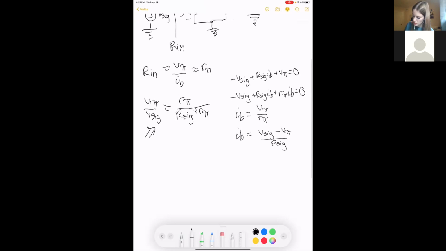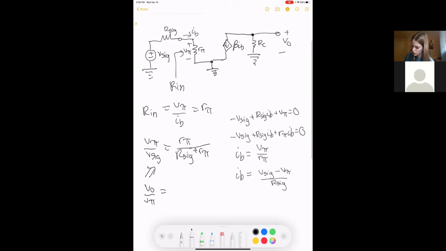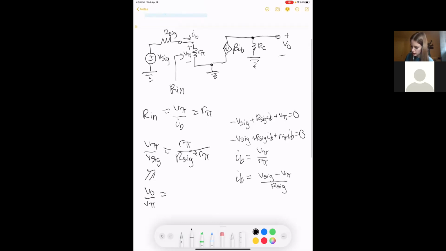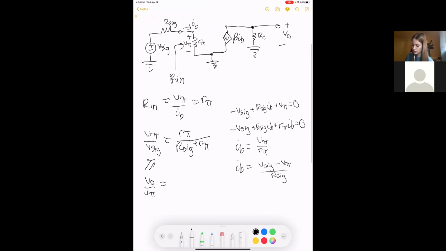Okay. And the next thing we are finding is VO over V pi. So we want to find the equation for VO, which is, again, our current is going this way, so it's negative beta IB times this resistor RC, and we divide by V pi.